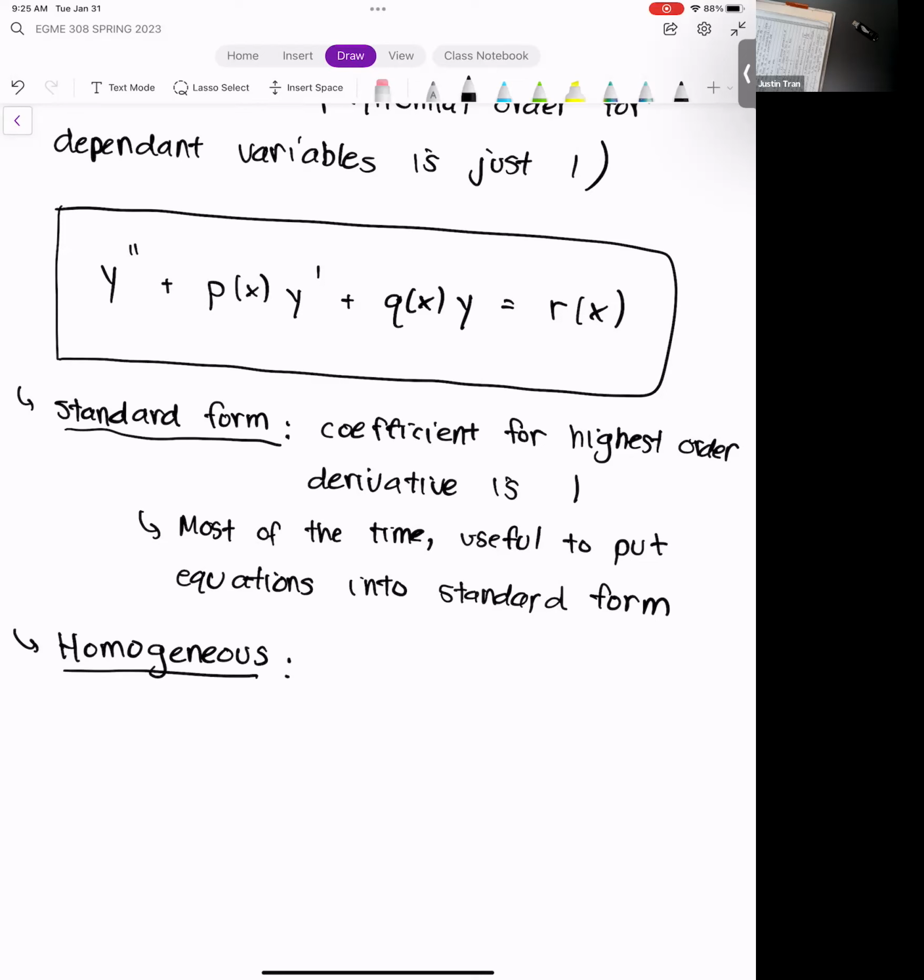All right, when I say a differential equation is homogeneous, that means the right-hand side, or the forcing term, is equal to 0. Here our right-hand side forcing term is r of x. So a homogeneous equation is one where r of x is equal to 0. Basically, in a homogeneous equation, every single term has y, the dependent variable, in it somewhere.